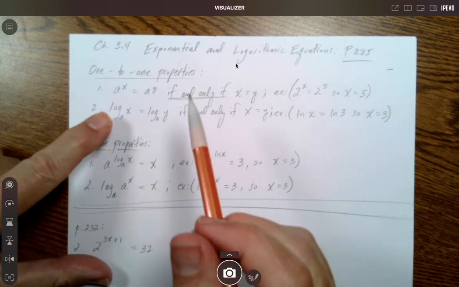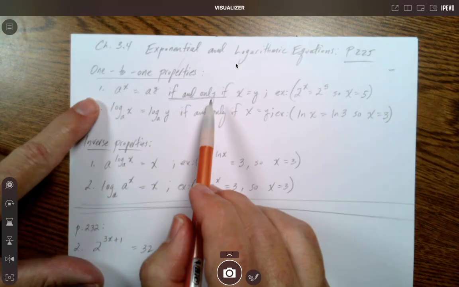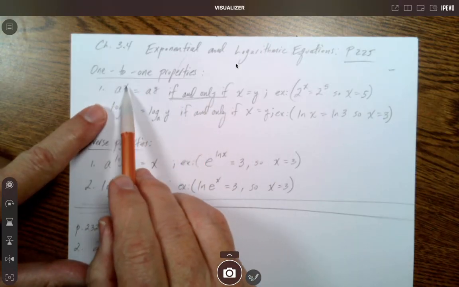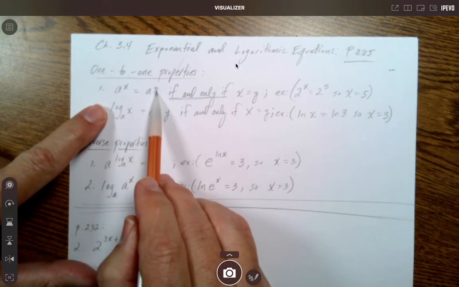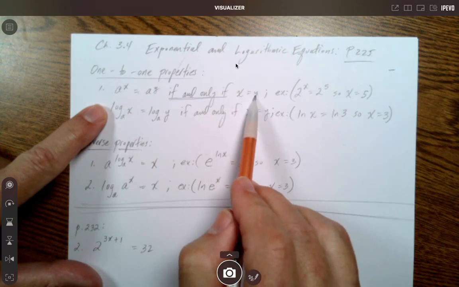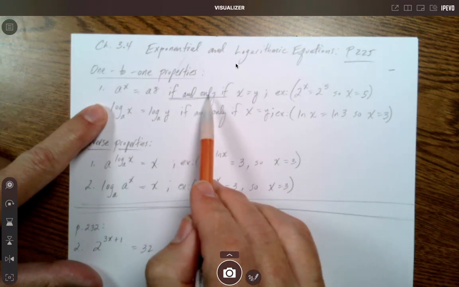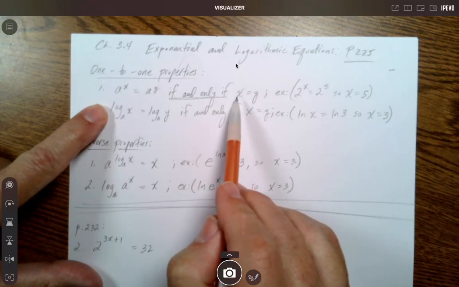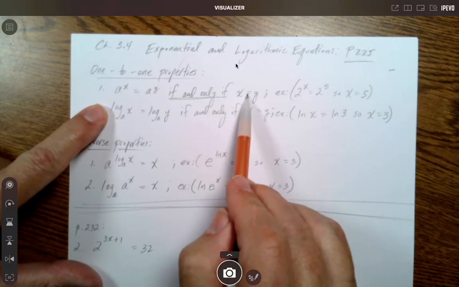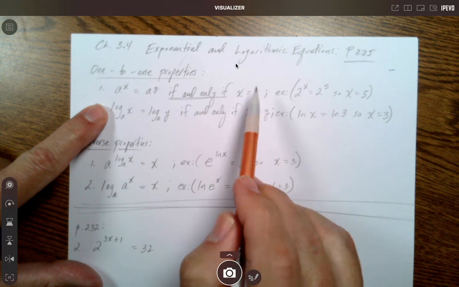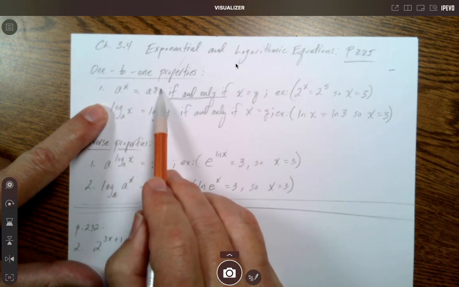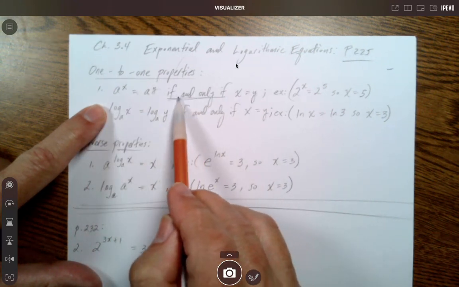By that I mean if I were to reword this and say, if a to the x equals a to the y, then x equals y is true. If and only if means I could say it the other way and it will also be true. So I could say if x equals y, then a to the x will equal a to the y, right?